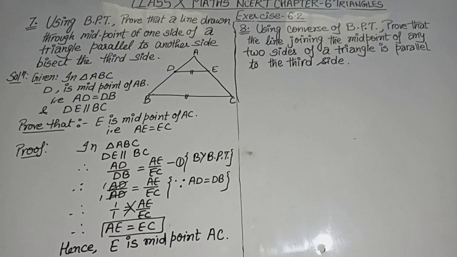Okay, next question number 8. Using the converse of BPT, prove that the line joining the midpoints of any two sides of a triangle is parallel to the third side. So what is common between questions 7 and 8? Question number 8 is just the converse of question number 7.